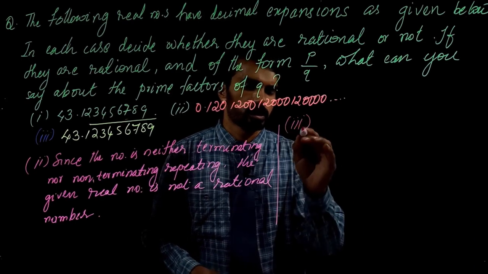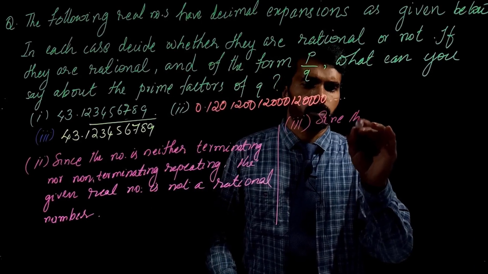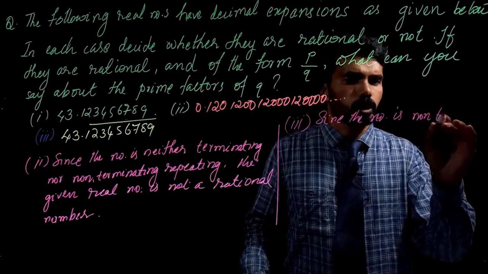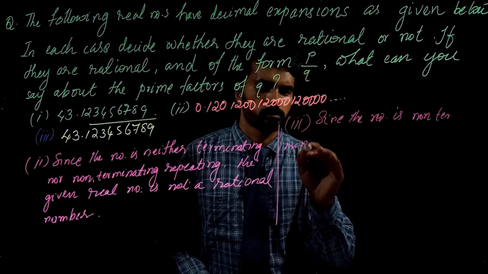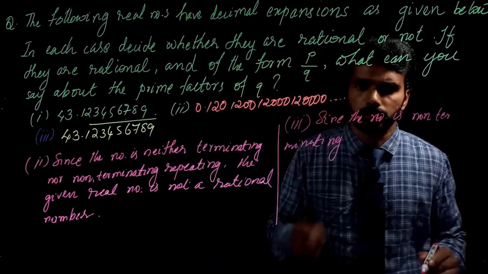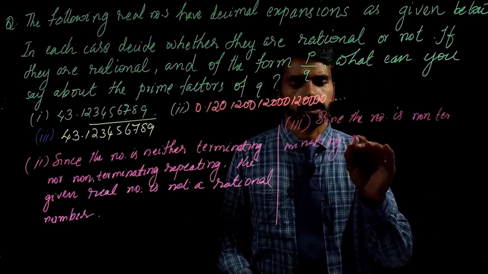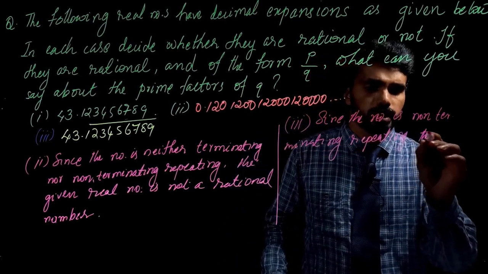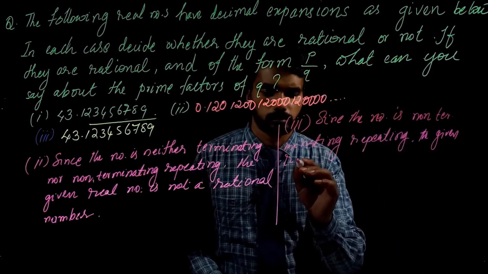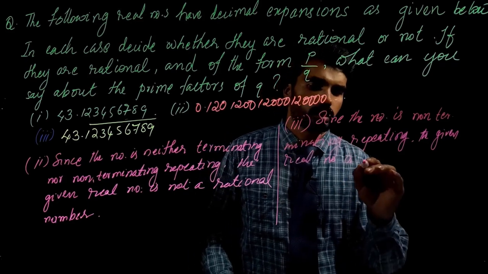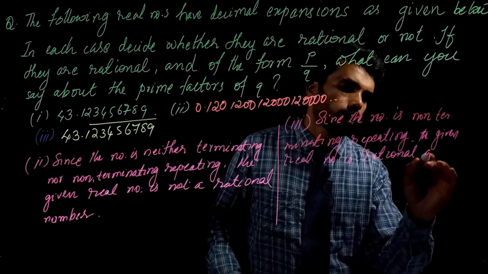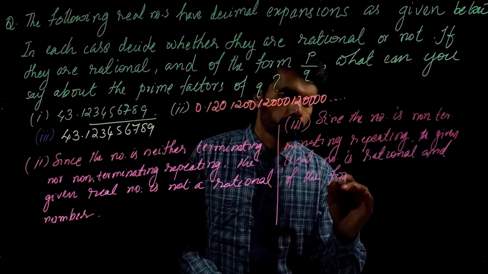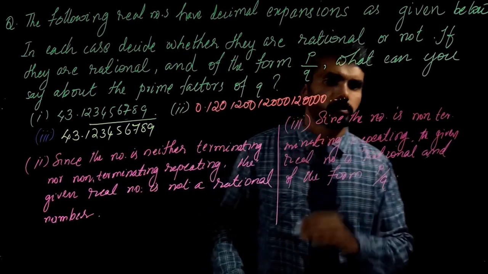Since the number is non-terminating repeating, the given real number is rational and of the form p by q.